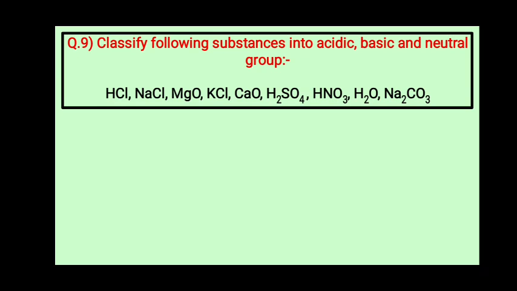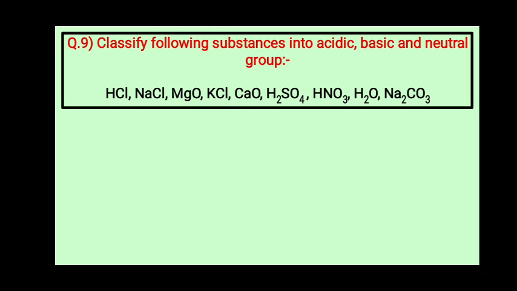CaO, calcium oxide. Calcium oxide will be base. H2SO4, sulfuric acid. That means it will be an acid. HNO3. HNO3 is nitric acid. So it will come under acid group.